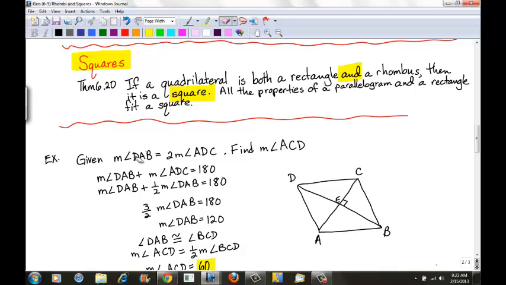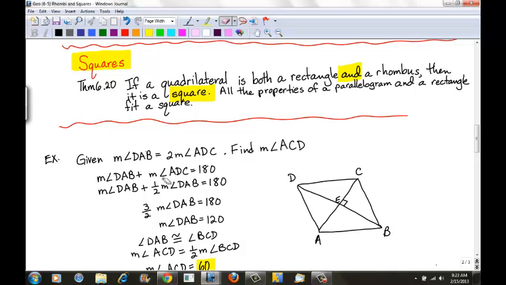Up here, I said DAB, that angle, was twice ADC. So you should be able to take half of this and half of this. So if you divide this by 2 and divide this by 2, then one half of DAB is ADC.